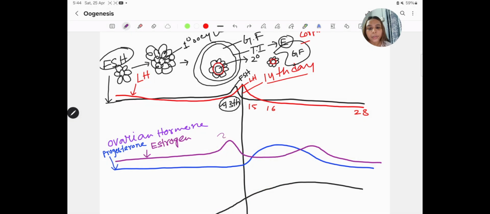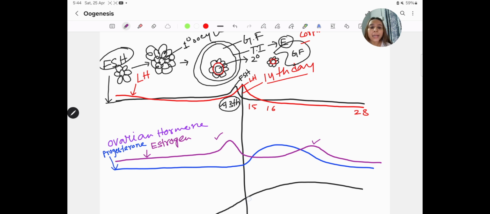And the other is because these granulosa cells secrete estrogen hormones. We said earlier, this granulosa and this theca interna secrete estrogen hormones. So the estrogen peak is found before the onset of ovulation and some days after ovulation. That's why this peak arrives.